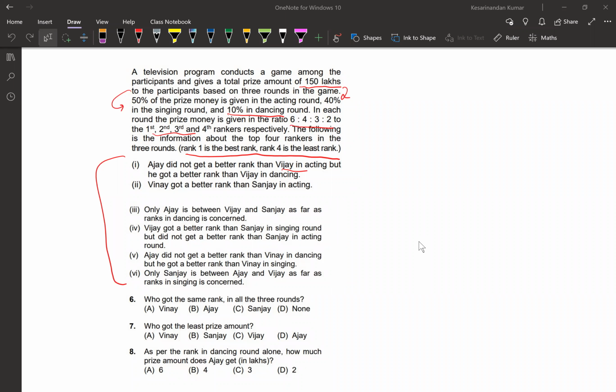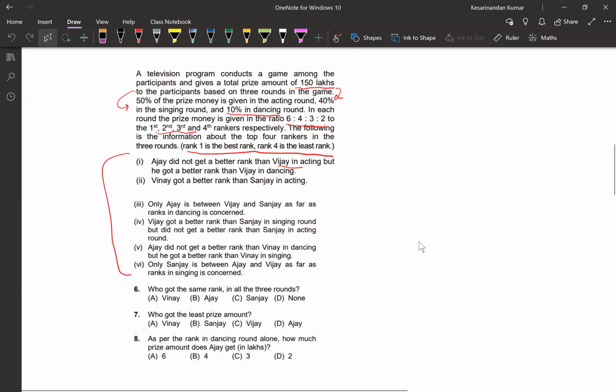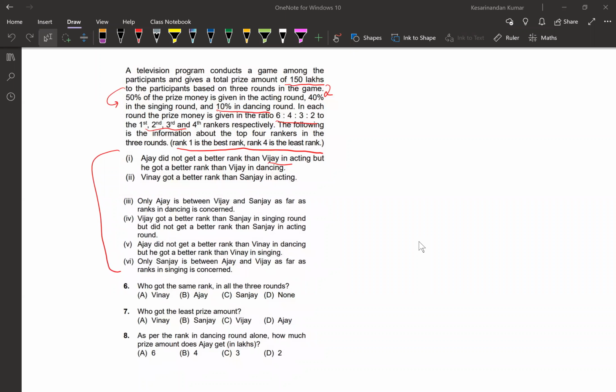Kesari, can you scroll a bit down? Is it okay now? Yeah.